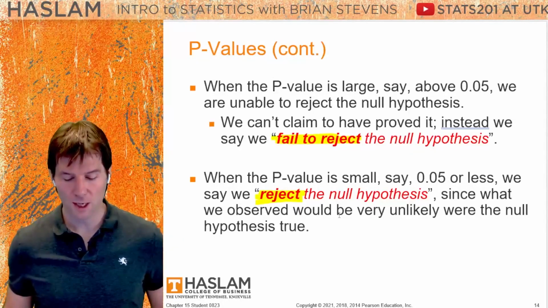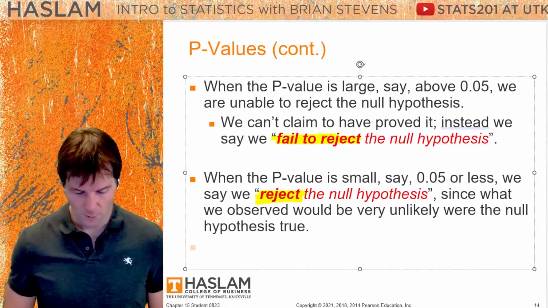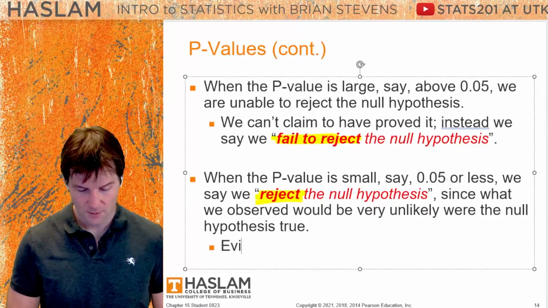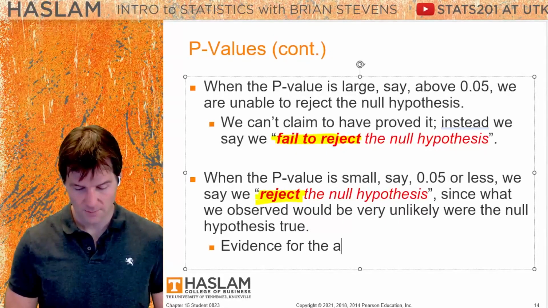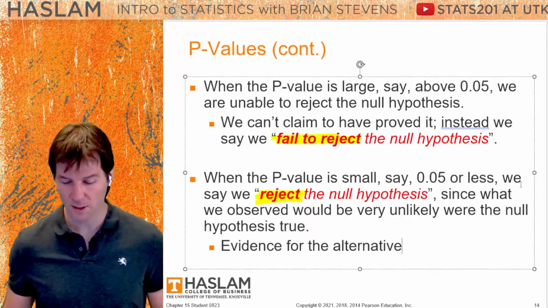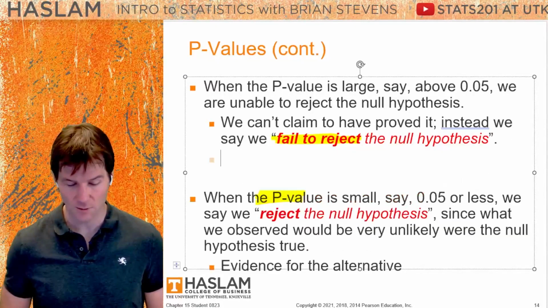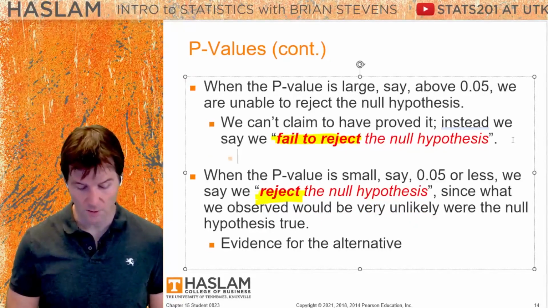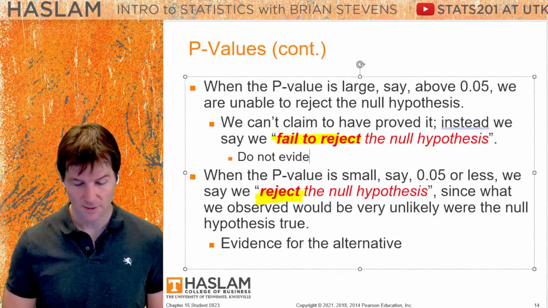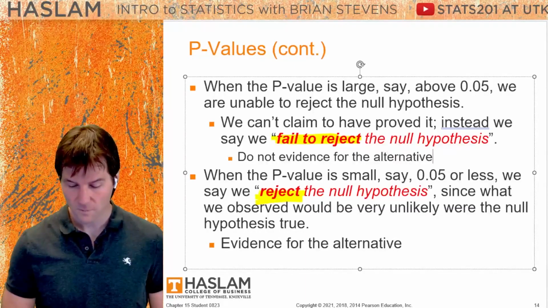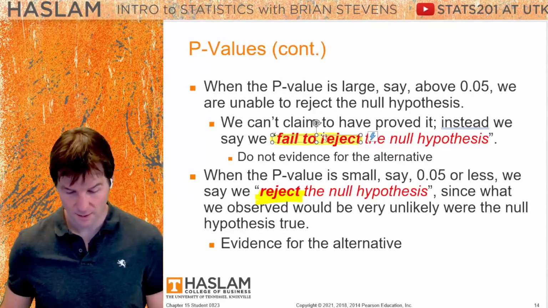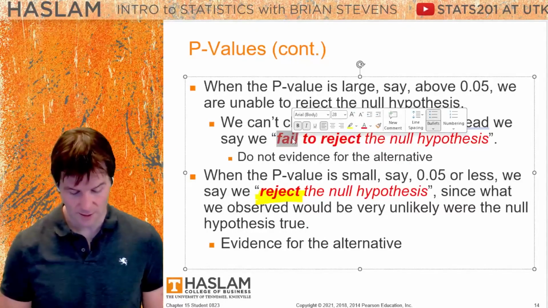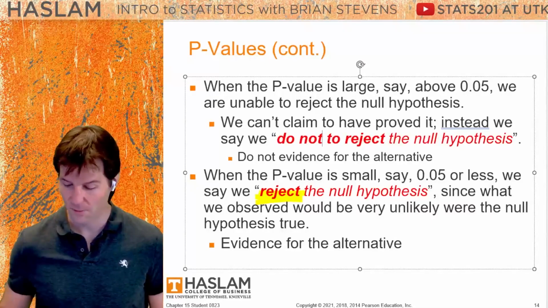Now, when you reject the null, there will be evidence for the alternative, because we're rejecting what we currently believe in light of evidence for an alternative. When you fail to reject the null, you do not have evidence for the alternative. This is why I like to say we either reject the null or we do not. Think about this.